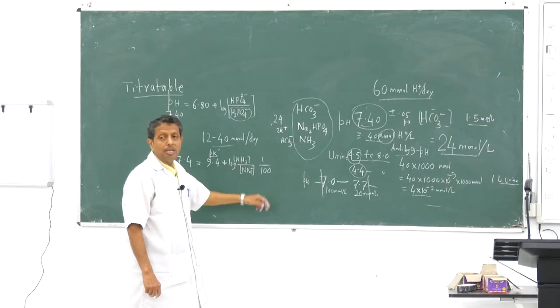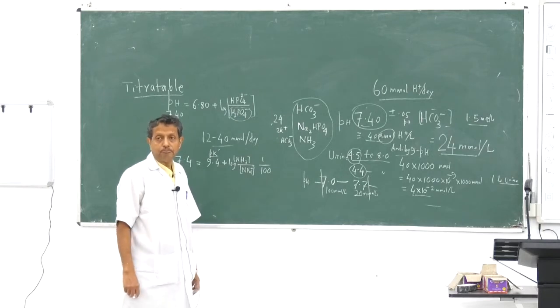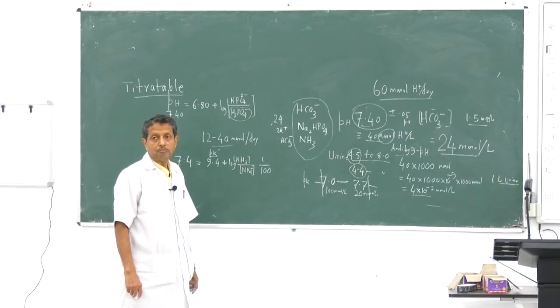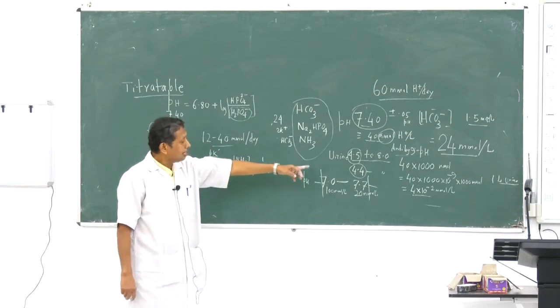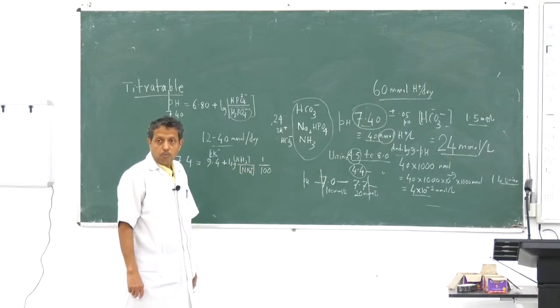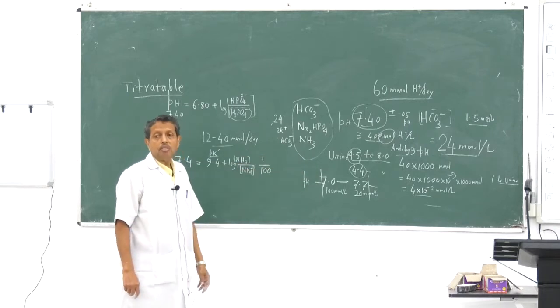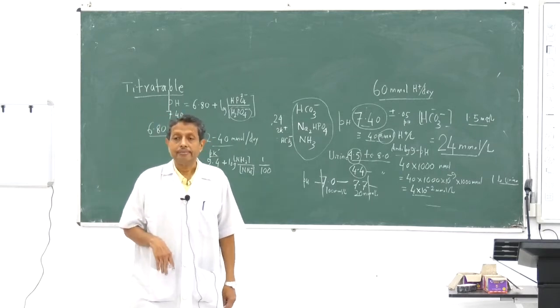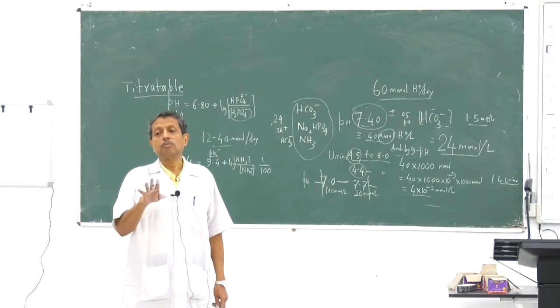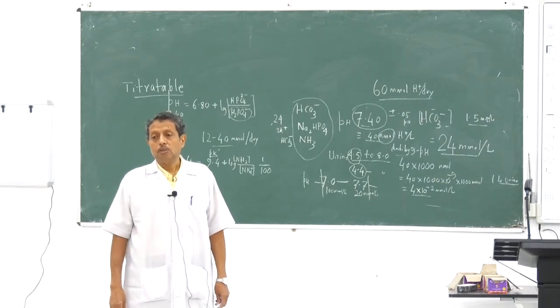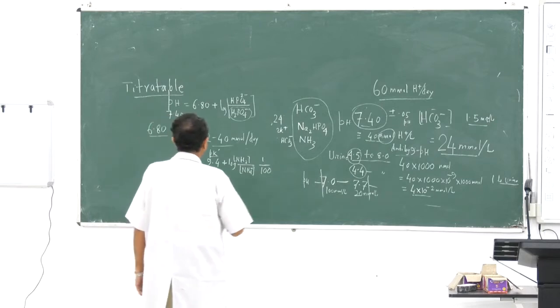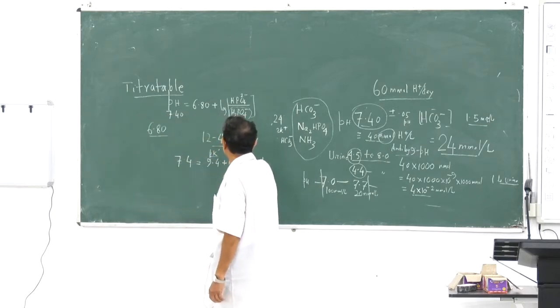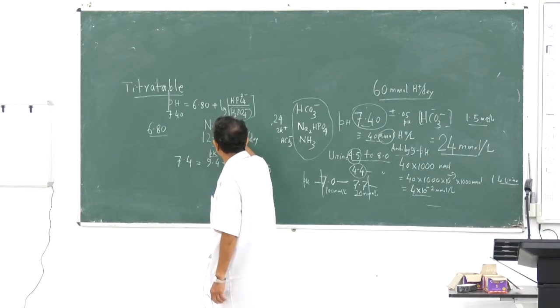Even if the urine pH is 4.4, you can calculate yourself its contribution, which is minimum. So titratable acidity is due to NaH2PO4, acid phosphate.